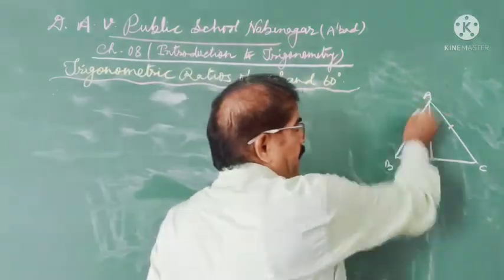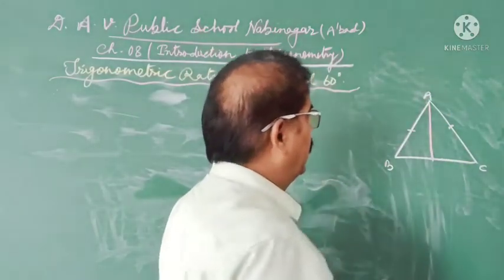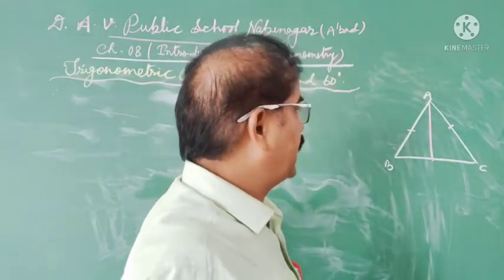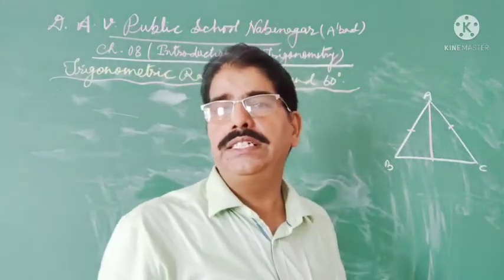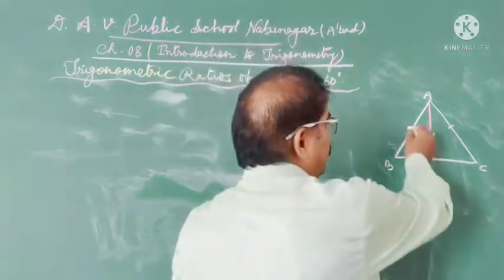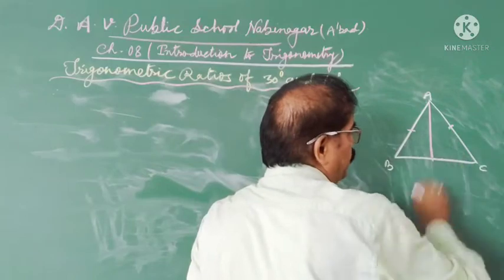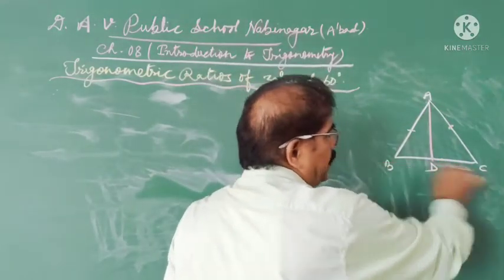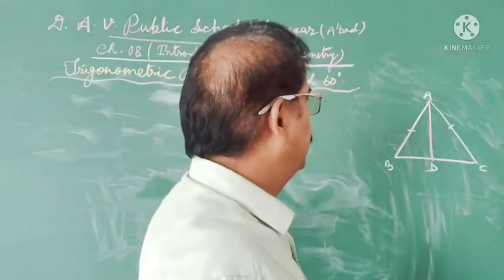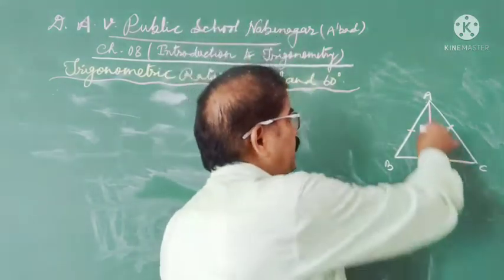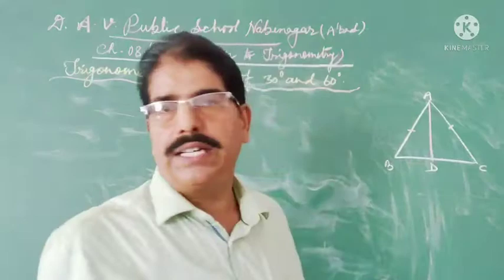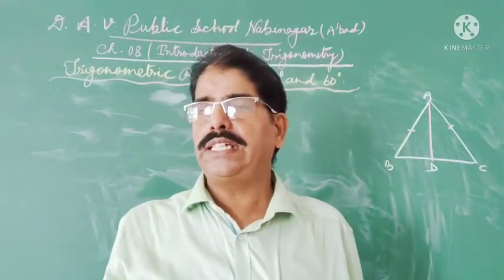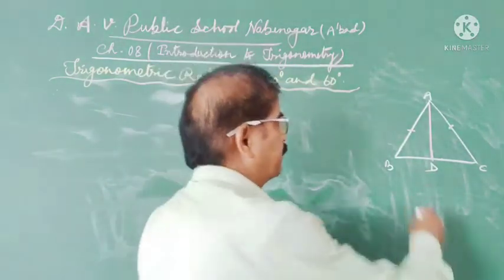First, draw a triangle ABC in which all three sides are equal, that is, ABC is an equilateral triangle. AB equal to BC equal to CA, and draw perpendicular AD to BC. Dear students, ABC is an equilateral triangle, that means each angle is 60 degree.